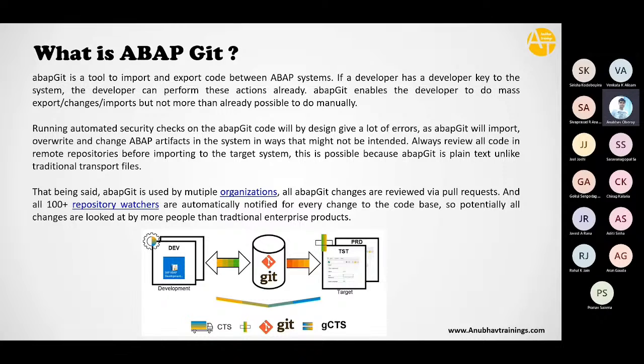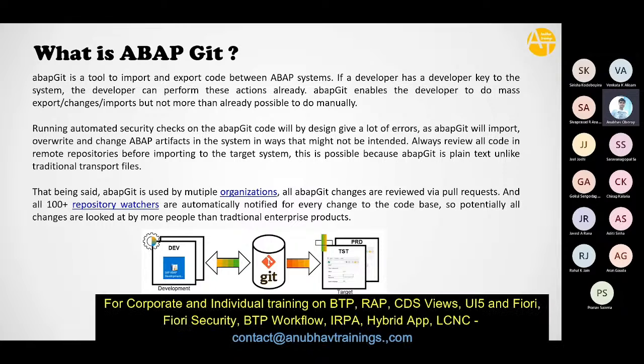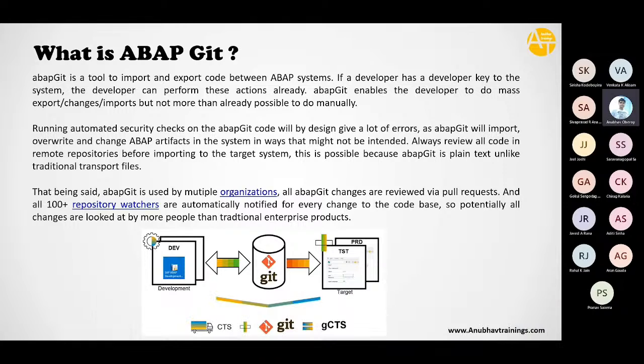This is possible because ABAP Git is plain text, unlike traditional transport files. On traditional transport files, you can do syntax checks, but ABAP Git is plain text for Git. So Git doesn't recognize the ABAP code, so it cannot do the lint checks on Git itself.